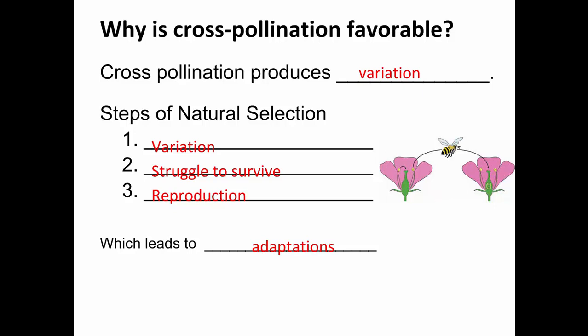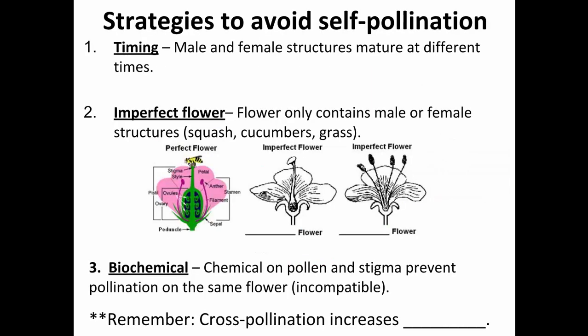So what are some ways a plant can avoid self-pollination? Can you think of adaptations plants might have? The anthers are pointed out instead of in. Okay. Sort of maybe the shape or the size or where they're located. That's a good idea. And that sort of goes along with number one. Not so much the shape or the direction it's pointing, but the timing.